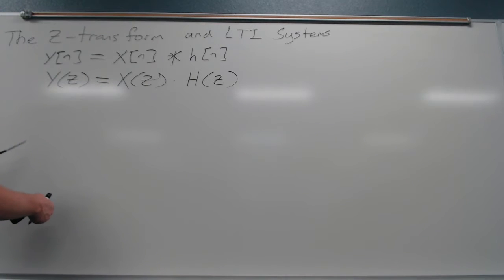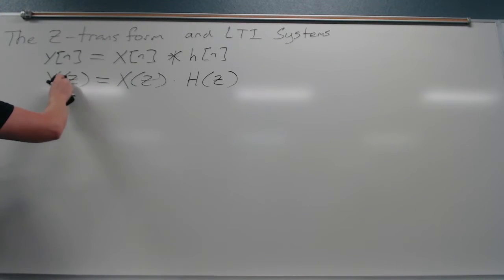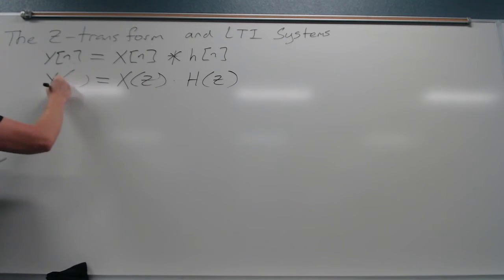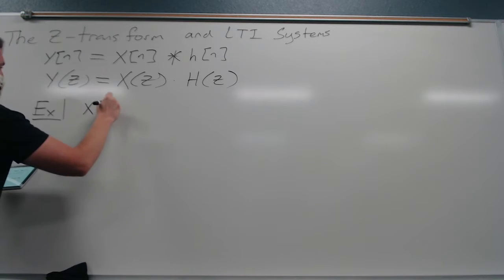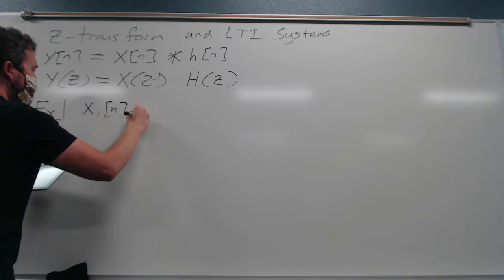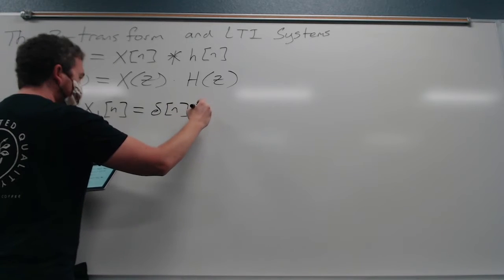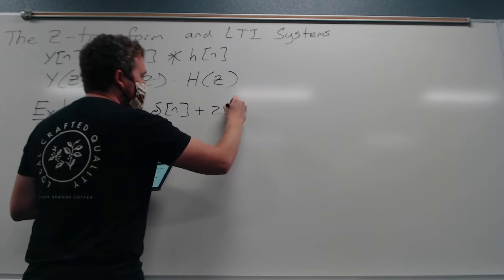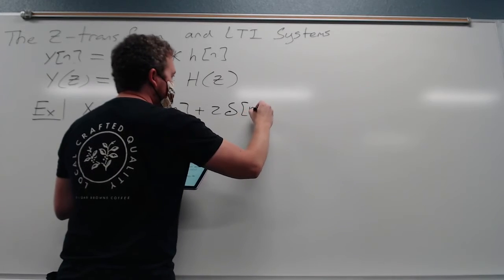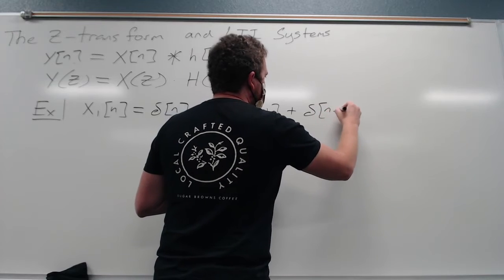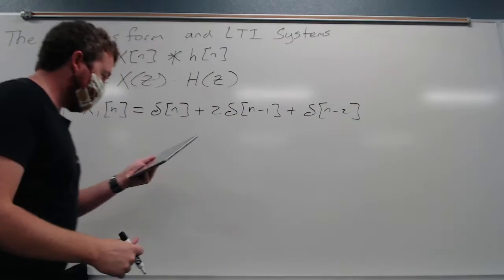So let's take a look at what that looks like. Let's work out a little example. Let's say that we've got two finite sequences. We'll say x1 of n is equal to delta of n plus 2 delta of n minus 1 plus delta of n minus 2.